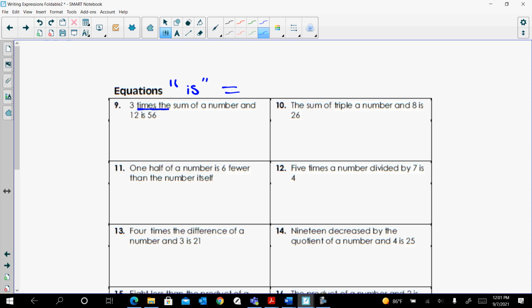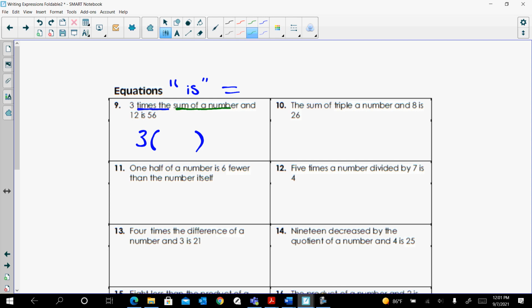It's not switching. It's parentheses. So you need to start off right now putting parentheses because it says times the. Now, because the 3 is in front of times the, you put the 3 in front of the parentheses. Now, what goes into the parentheses is what happens after the.